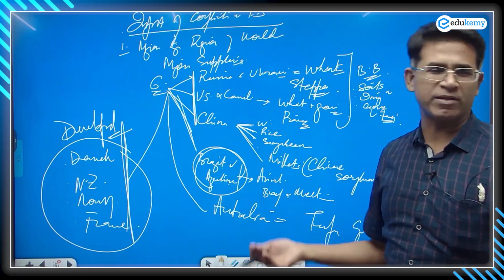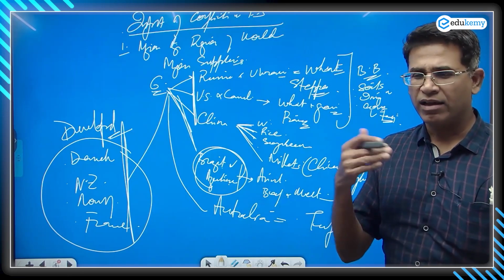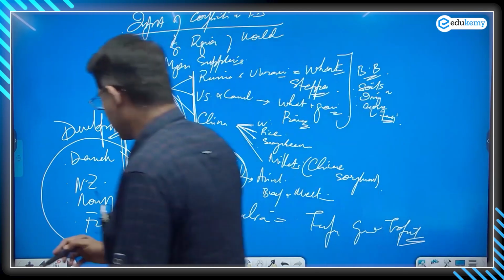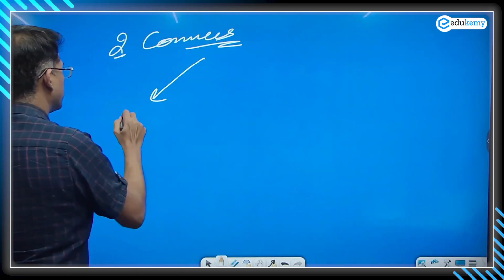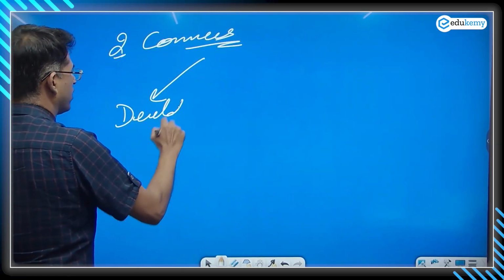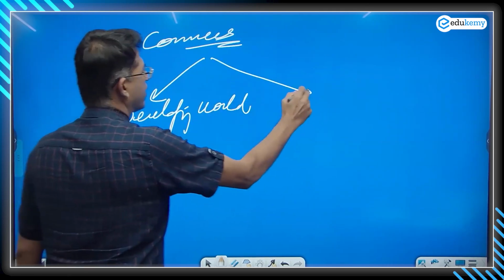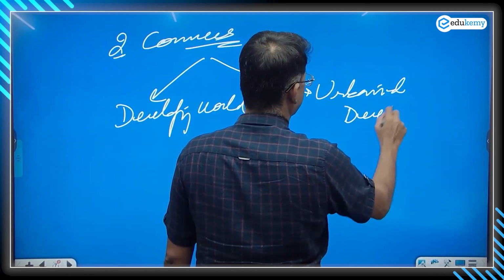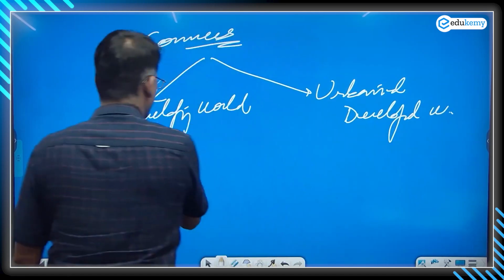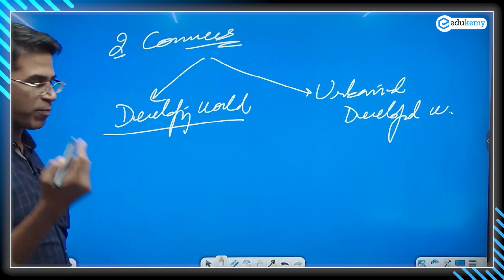Show this on a map, please. कहाँ से grain है? And so, if you look at the ये पहला हो, number 2, if you look at the consumers, we have the developing world and we have the highly urbanized and the developed world. The developing world में you have got 4 blocks.